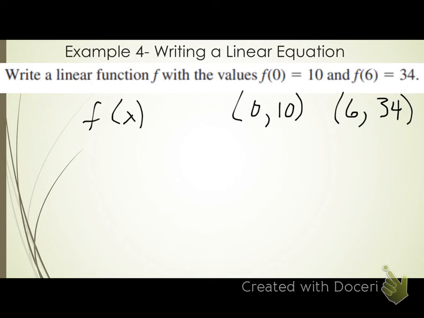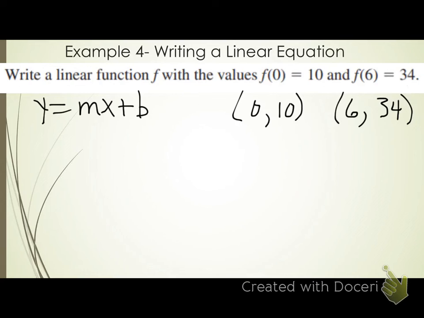Now, it does say to write a linear function f with the values f of 0 equals 10 and f of 6 equals 34. So is it going to look like y equals mx plus b?